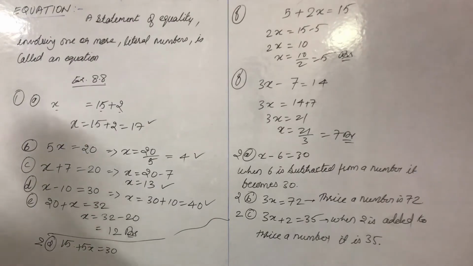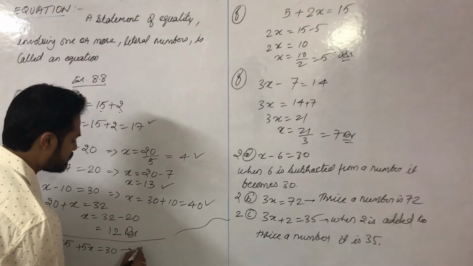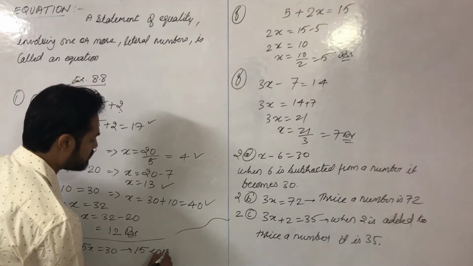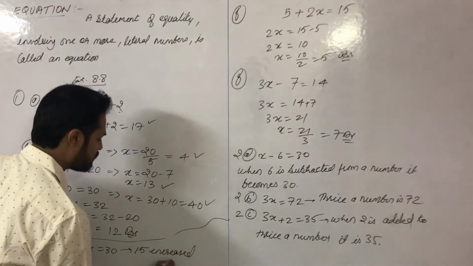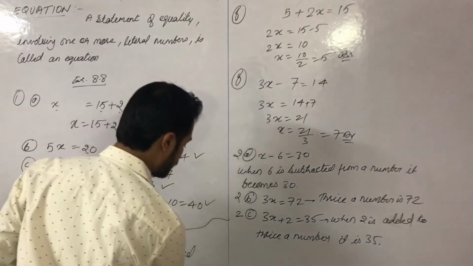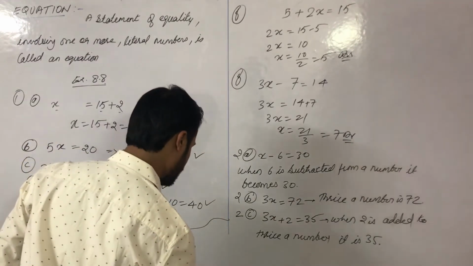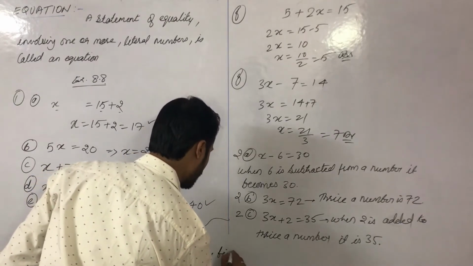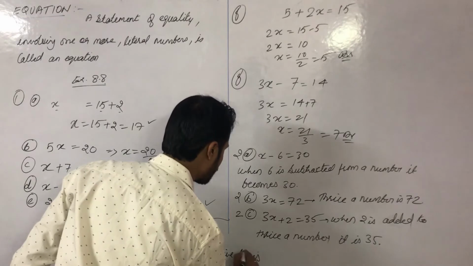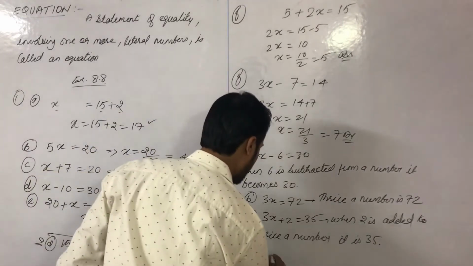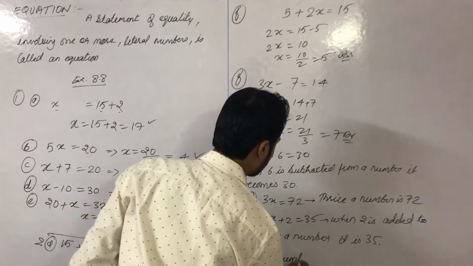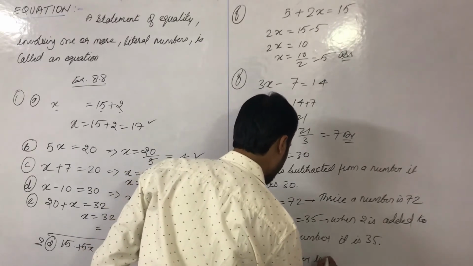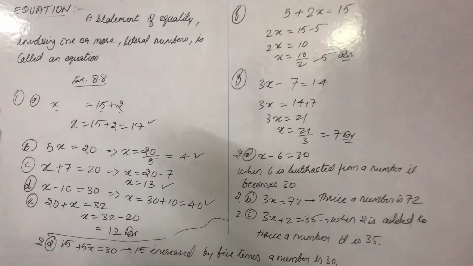Or we can write, 15 increased by 5 times a number is 30.